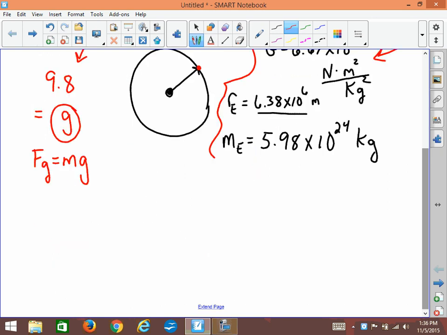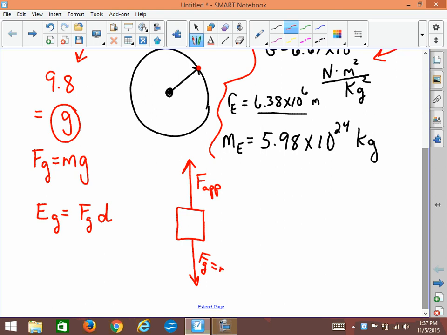Good. Then we said, well, if that's the force of gravity, then the energy associated with gravity would be the force of gravity times the distance that you are applying that force through. So if you were lifting up an object and you were applying a force upward, the force that you must apply to lift an object is a force equal to its weight, which is the force of gravity pulling it down.